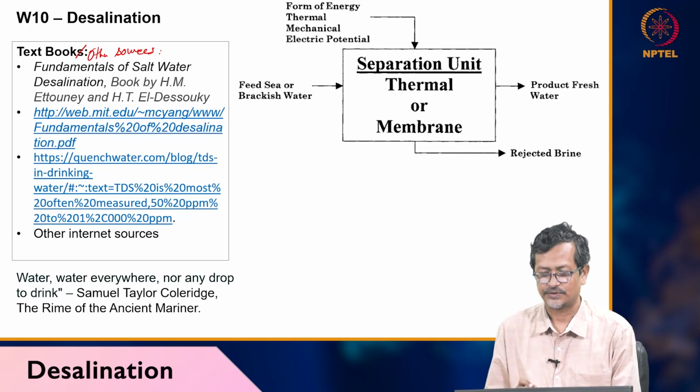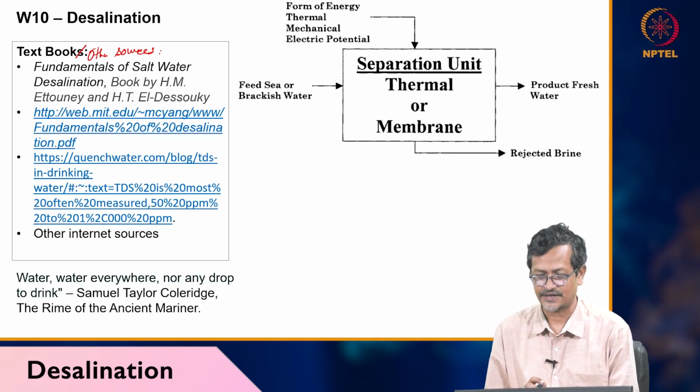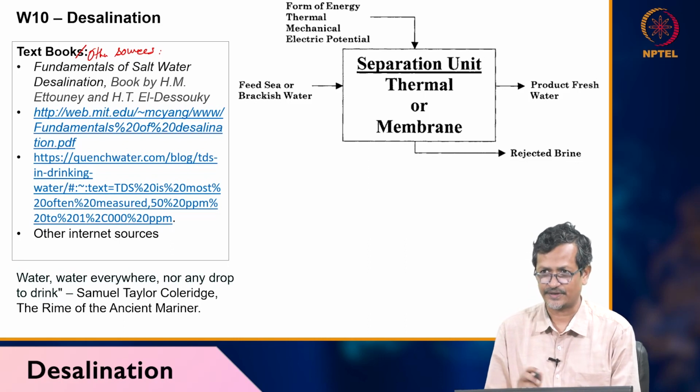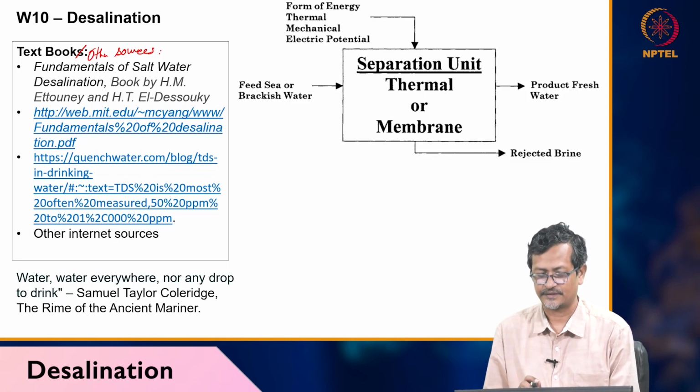When you are talking about desalination, in previous days people used to carry water when they were traveling, but now you have desalination systems, using thermal or membrane techniques. Membrane systems, you already know, are reverse osmosis based systems, like the domestic water purifier.